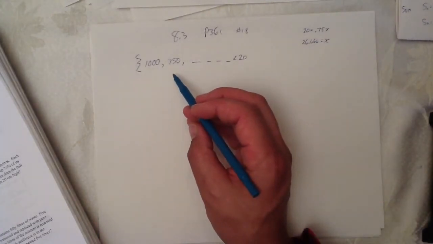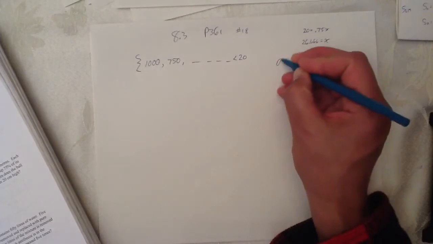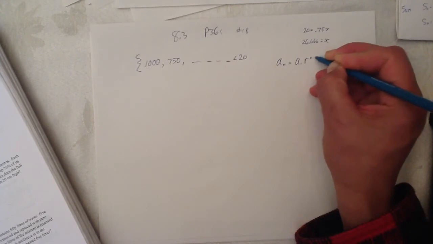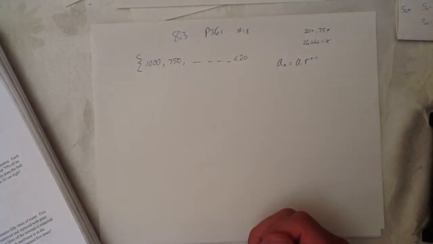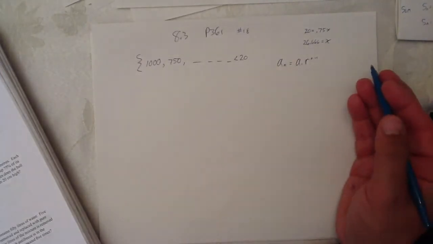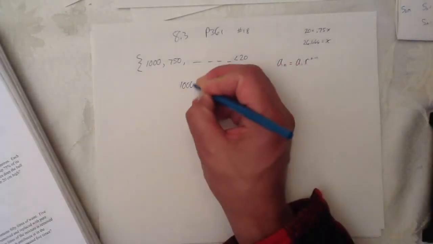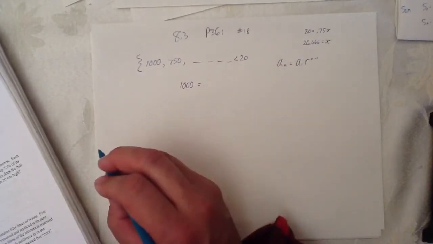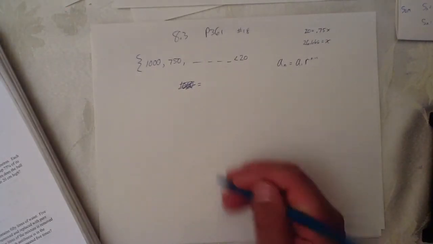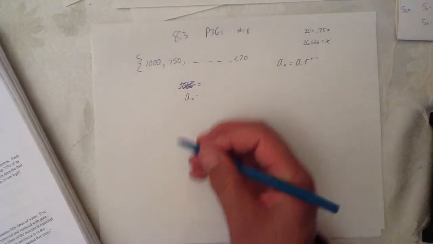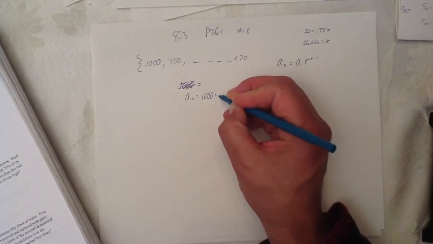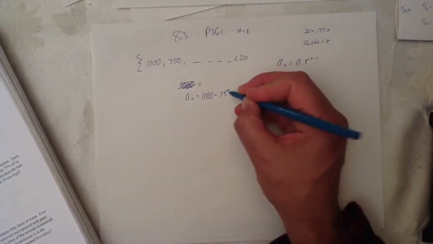So, our formula, our good friend. I think we should just try some trial and error here. Let's try 10, for instance. A10 equals 1000 times 0.75 to the 9th.